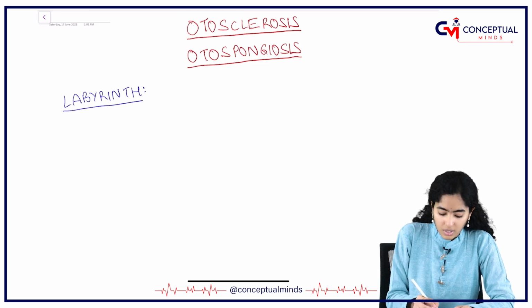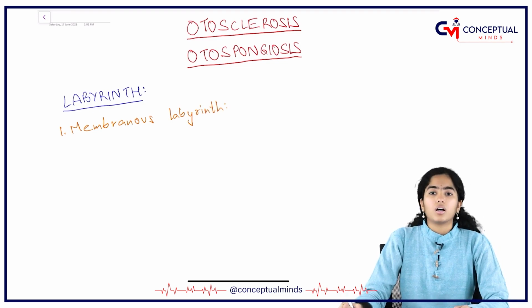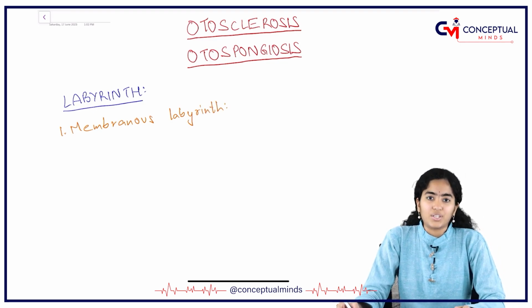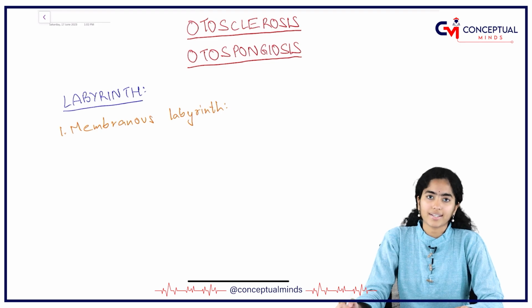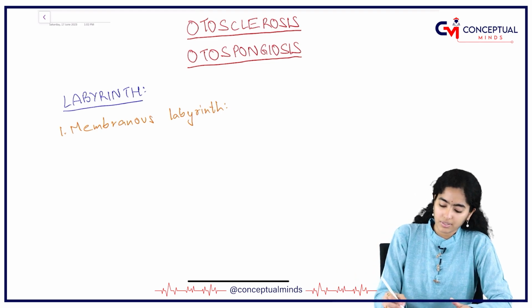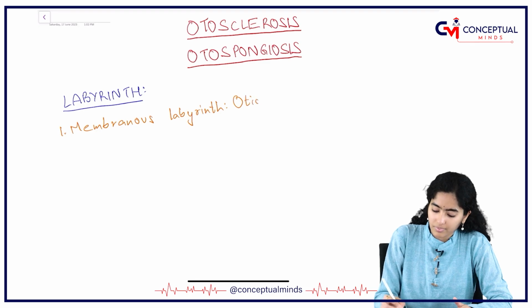So what constitutes the membranous labyrinth? We have the utricle, saccule, semicircular ducts, cochlear duct, endolymphatic duct and endolymphatic sac. All of these are part of the membranous labyrinth, which is also called the otic labyrinth.